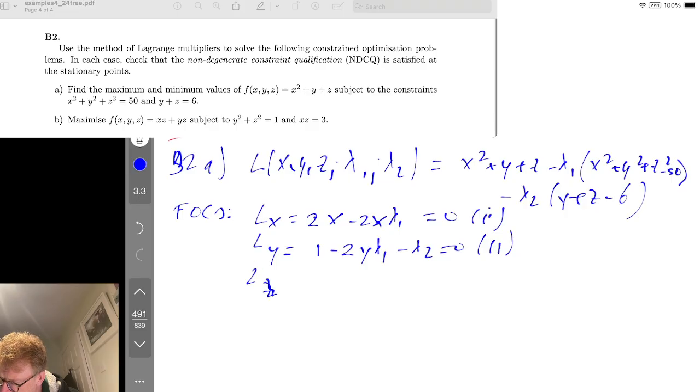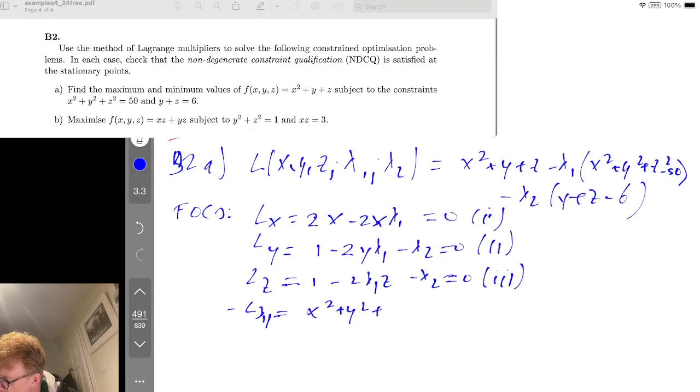The L derivative with respect to z is 1 minus 2 lambda 1 z minus lambda 2, which is 0. It gives us 3. The derivative with respect to lambda 1 gives the constraint, the circle with radius squared 50. That's 4. The derivative with respect to lambda 2 is y plus z minus 6, which is 0, so it's 5.